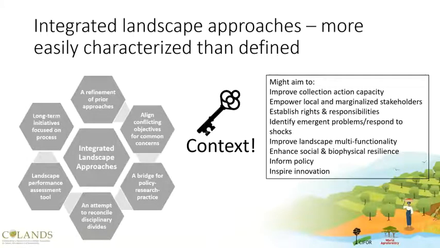And that's again where the monitoring comes in. Try to improve landscape multifunctionality and try to enhance resilience. And obviously inform policy and try to inspire innovation by bringing stakeholders together and sharing their concerns, but also identifying where there is synergy across different stakeholder groups that might lead to better outcomes.